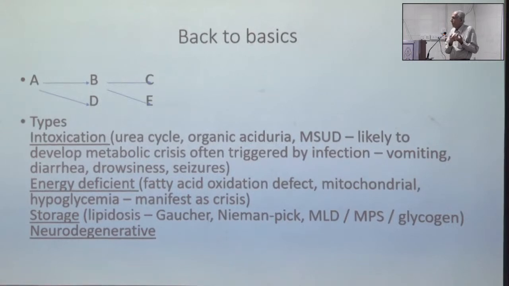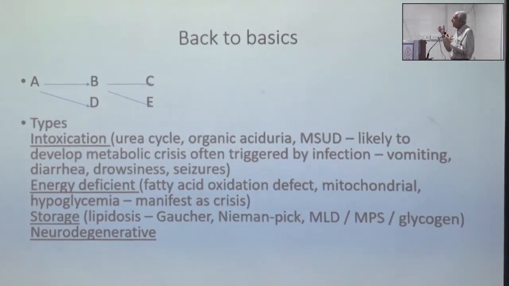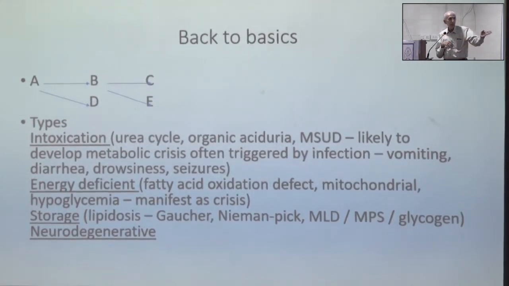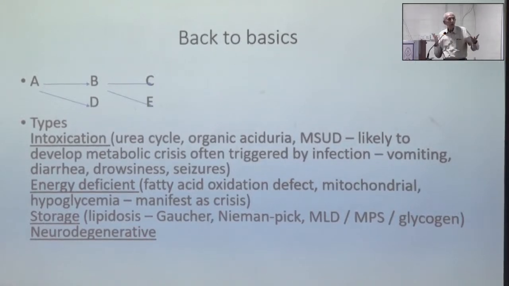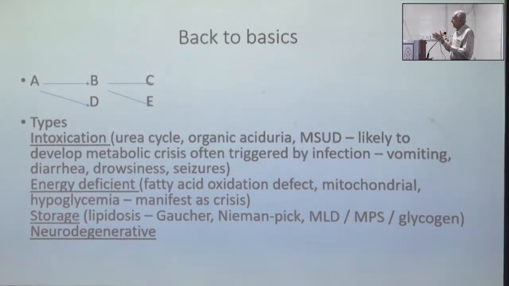And what does it do? It often presents acutely. And it may present, as I've said, often triggered by infection, vomiting, diarrhea, drowsiness, seizure, convulsion, whatever. And if it is triggered by infection, then you start thinking about infection only. So that is the typical intolerance.